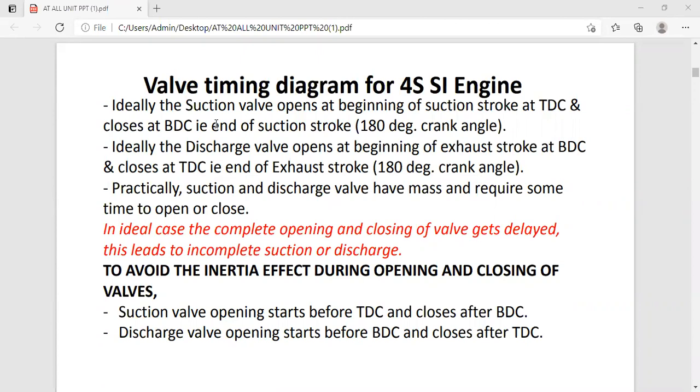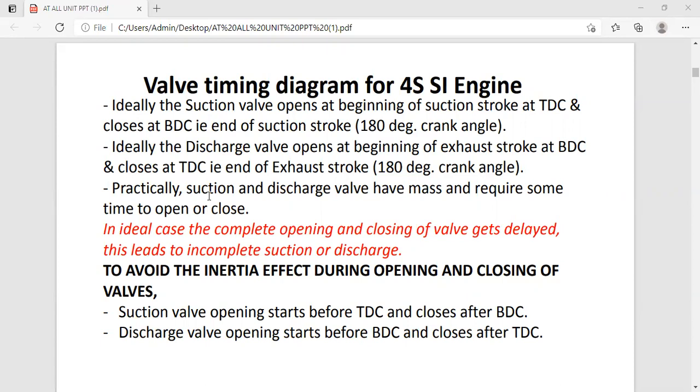Practically, suction and discharge valves have mass and require some time to open and close. So in the ideal case, the complete opening and closing of the valves gets delayed, and this leads to incomplete suction and discharge.